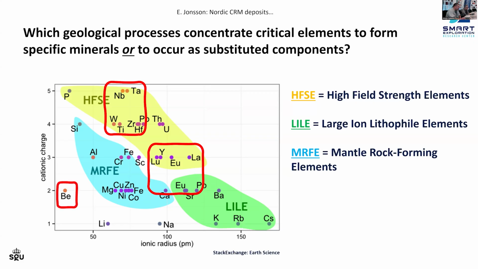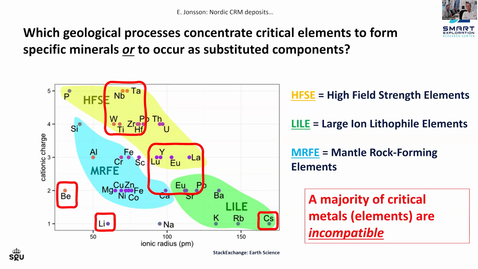And if we look at the smaller and also larger but lighter elements such as beryllium, lithium, and obscure cesium, they also plot very much outside of the mantle rock forming elements, and hence they are not elements, all of them, that easily go into ordinary minerals, the rock forming minerals, or even the common ore minerals.